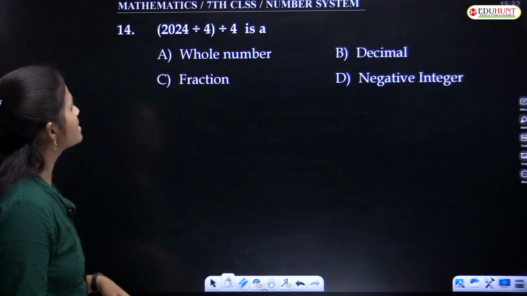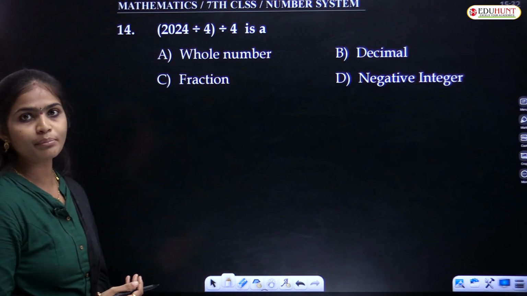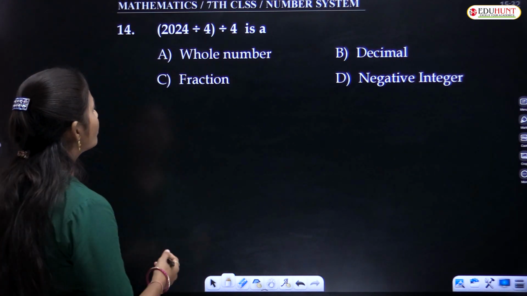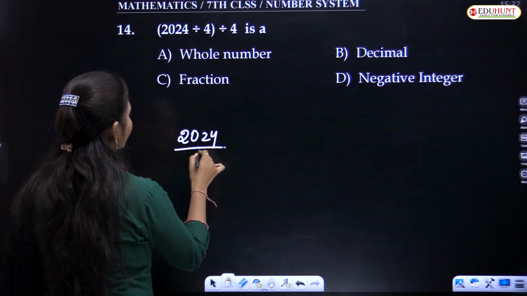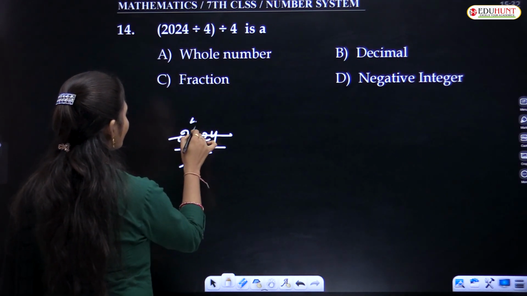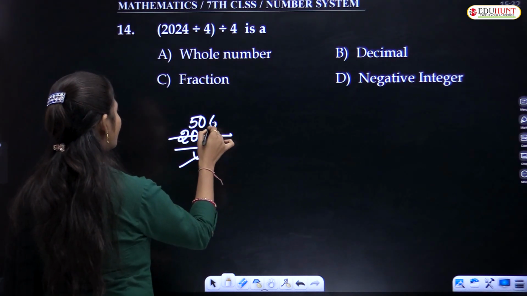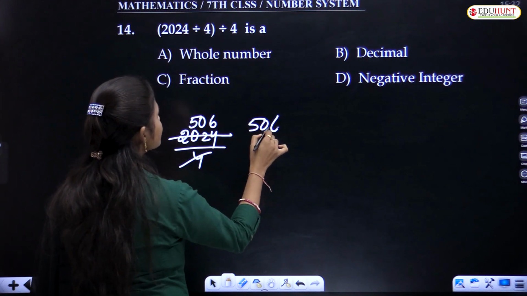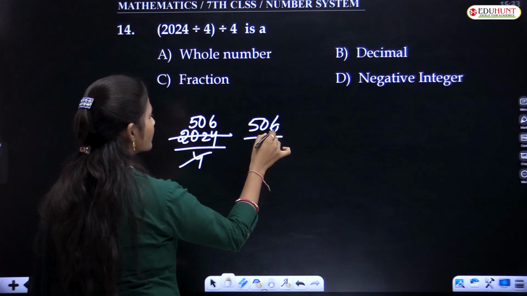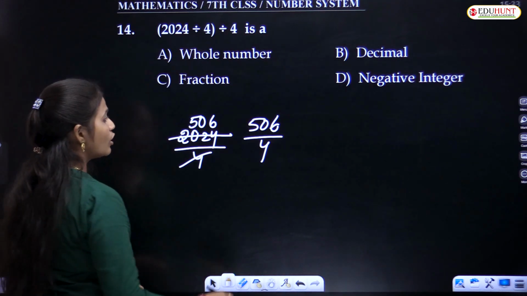Next, this is also the same as the previous one. 2024 divided by 4. So what will you get here? 4 5's are 20, and 4 6's are 24, so 506. Then 506 again divided by 4. Will you get a whole number here? Not possible. Why?